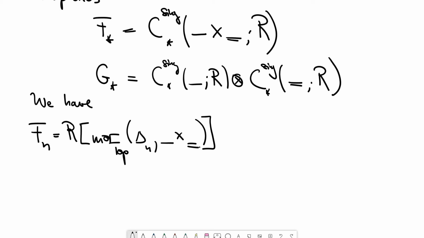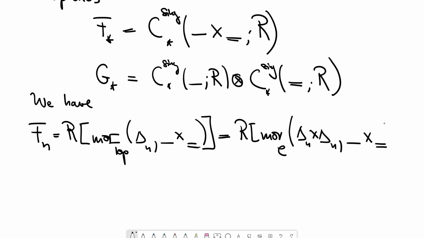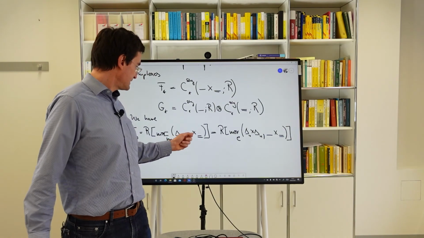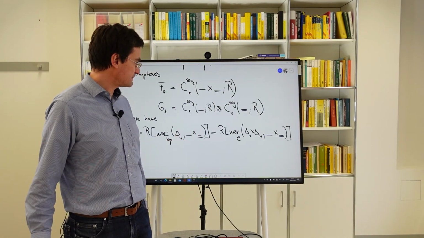But I can rewrite this as R and now morphisms in C, because a map to a product is just two maps from delta n to the first space and from delta n to the second space.